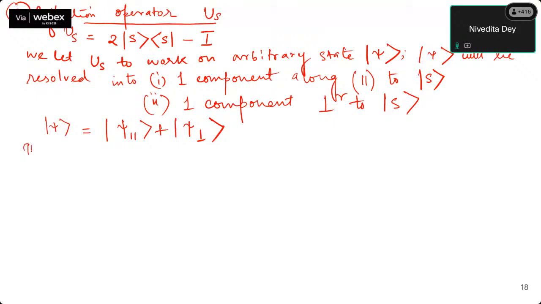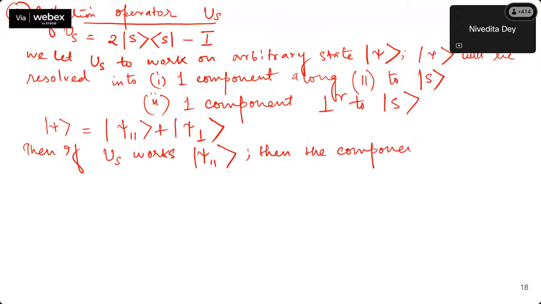And then if US works on one of the resolved components, which is psi parallel, that is along S, then the component parallel to S, that is this one itself, will be unchanged.